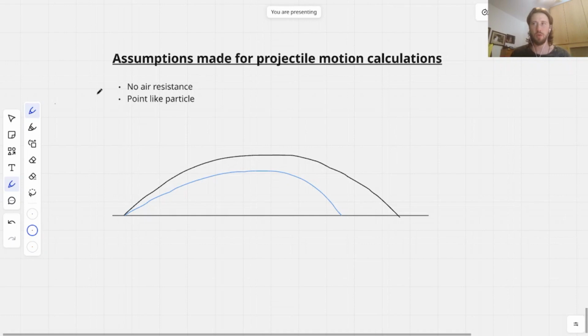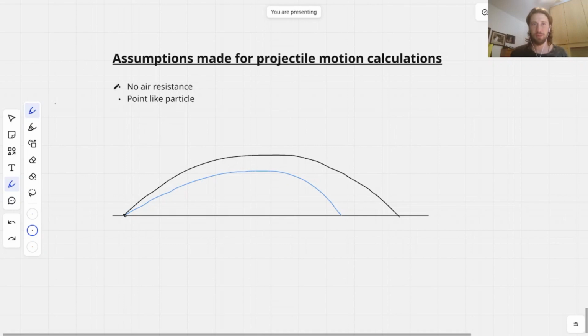And we don't have any vertical air resistance either. We're just assuming a constant g acceleration down. And another thing that we almost always assume is that it's a point-like particle. So we're treating this as a point, not a ball, which would mean that, perhaps it would actually touch the ground when its center of mass is slightly above the ground, right? So no air resistance and a point-like particle.